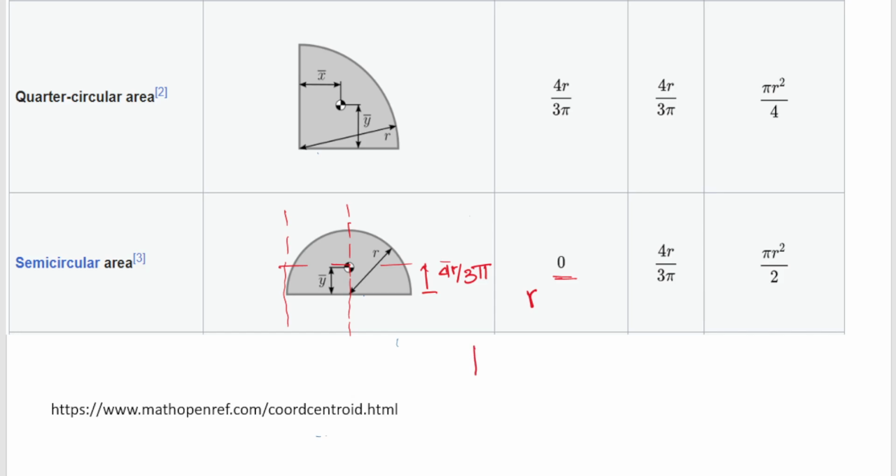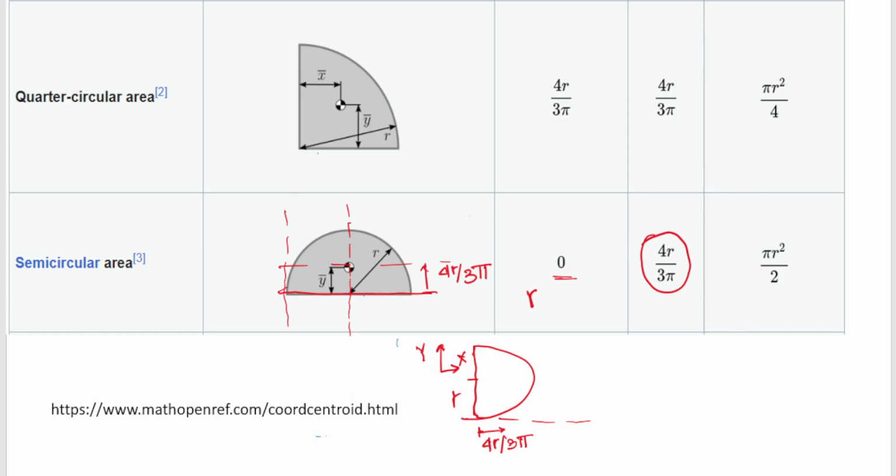Now if your semicircle is placed like this, then remember, now your x and y have changed. This is my y, this is my x. Now in y direction, if my reference axis is this, the centroid will be r. But in x direction, now this centroid will be 4r by 3 pi. So this value is actually from the base, from the flat side.